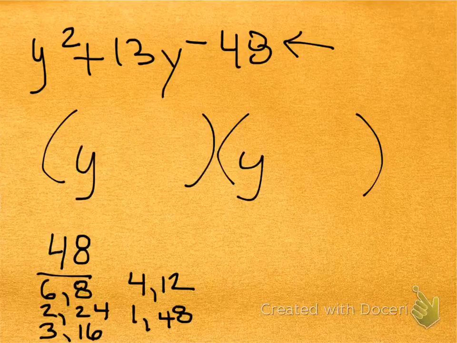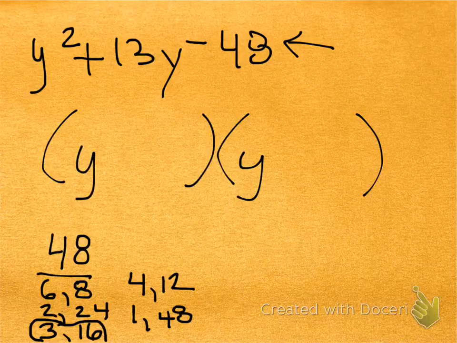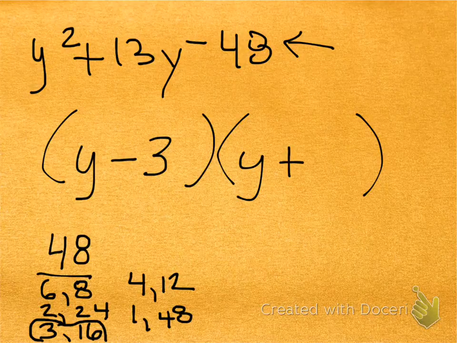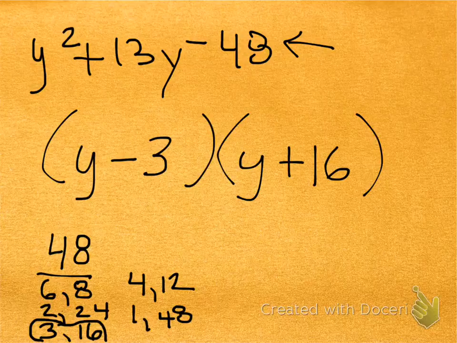So we're going to pick which is going to possibly give us 13. That's going to have to be 3 and 16. But it needs to be positive 13 and negative 48, which makes one of them negative. It's going to have to be the 3, because that's the only way to get 16 and 3 to be 13.